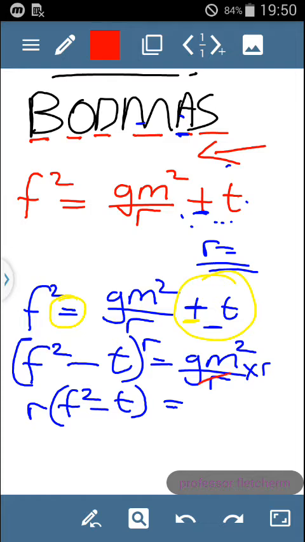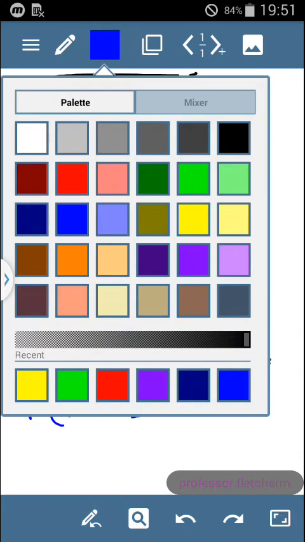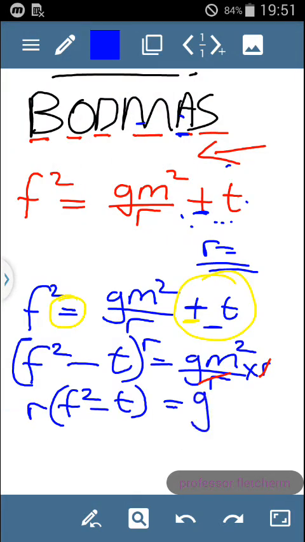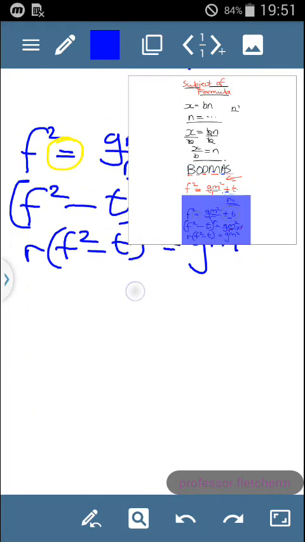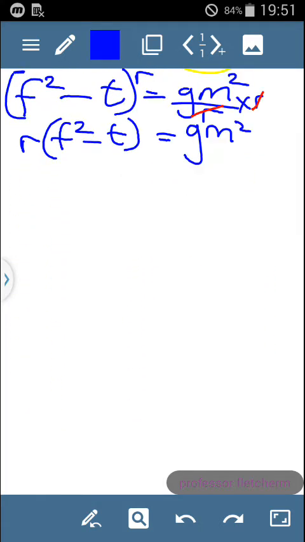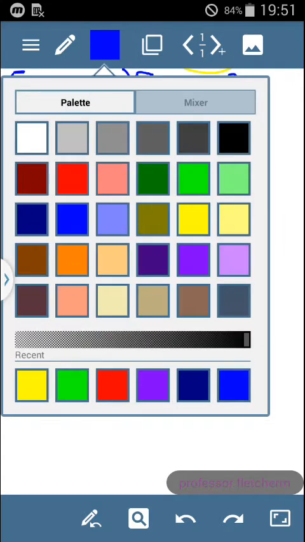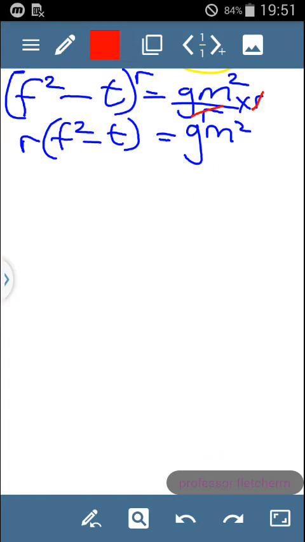An r and an r will cancel each other out, leaving us with gm squared. So we are almost done with that. Remember, we want to make r the subject of formula. In other words, we want to remain with something that says r is equal to something.